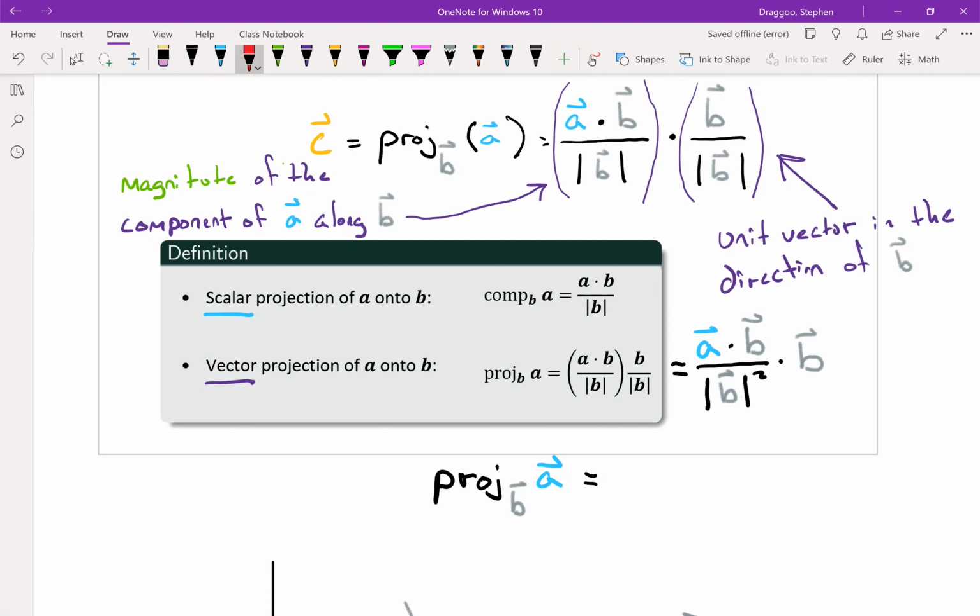It's rather important that this is not the same as the projection the other way. So it's not the same as the projection of B onto A.